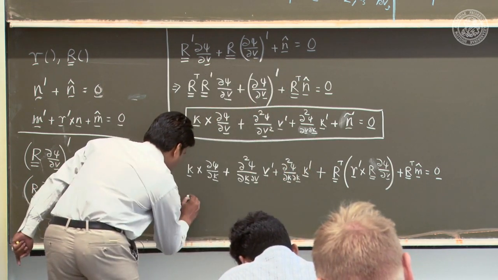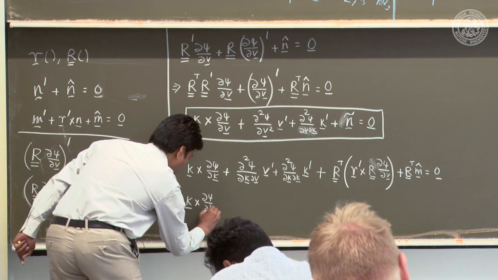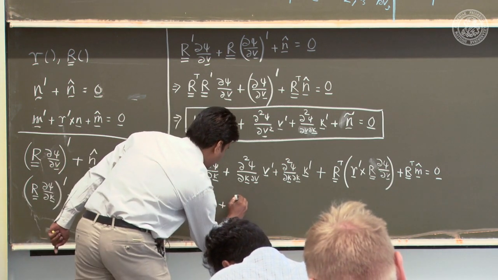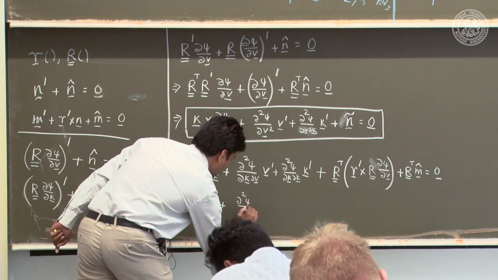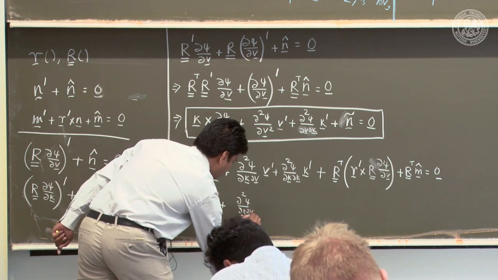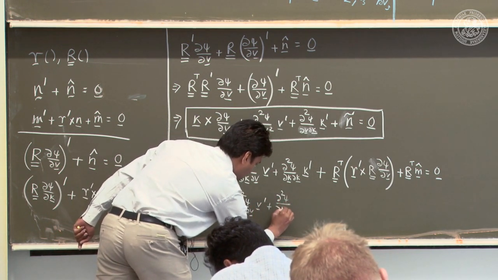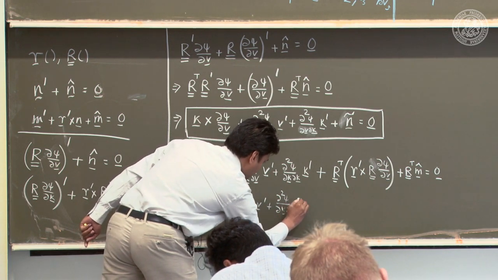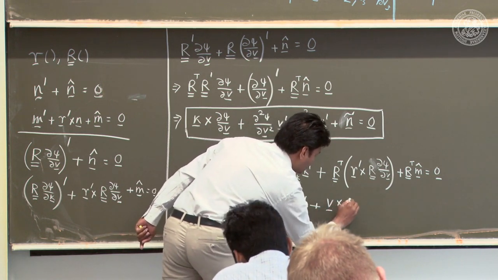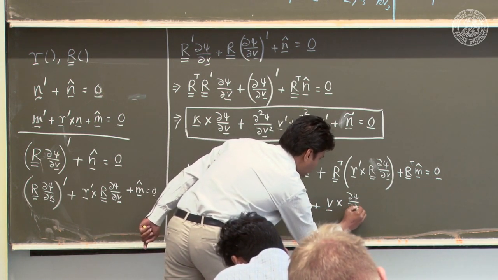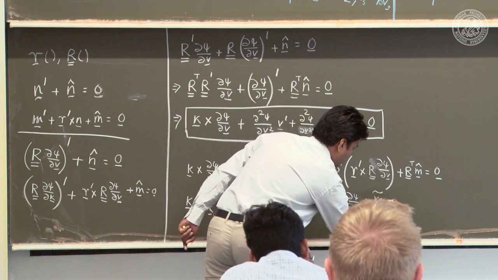So, this becomes k cross del psi over del k plus del 2 psi over del k del v times v prime plus del 2 psi over del k times k prime plus v cross del psi over del v plus m tilde.